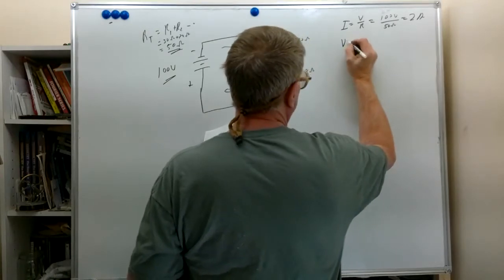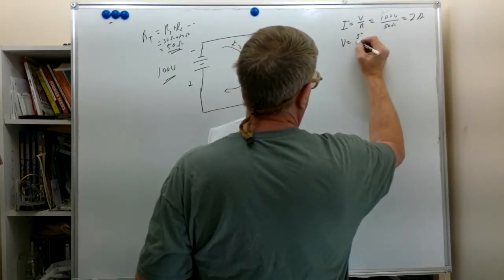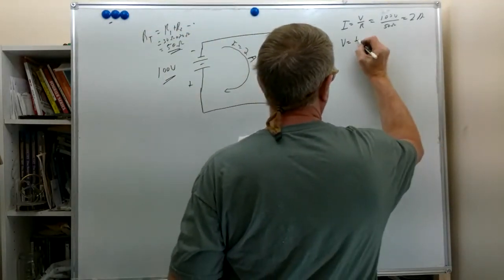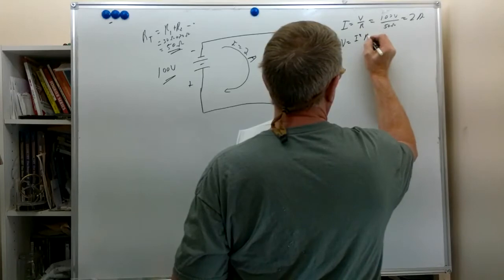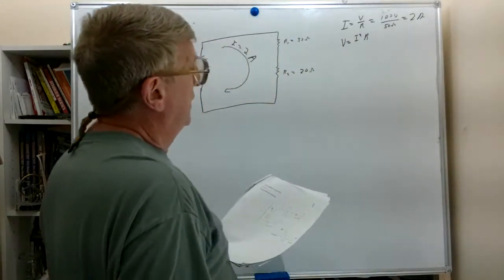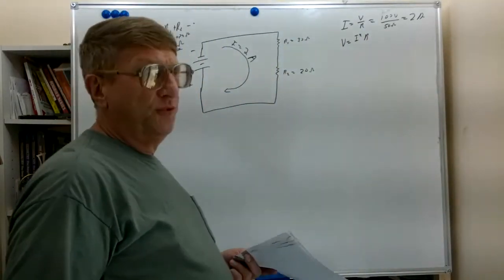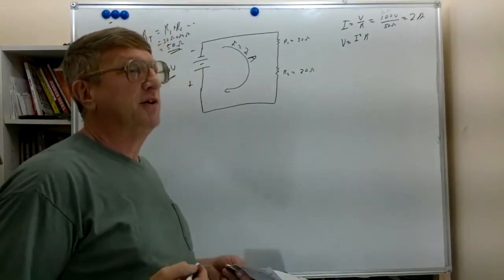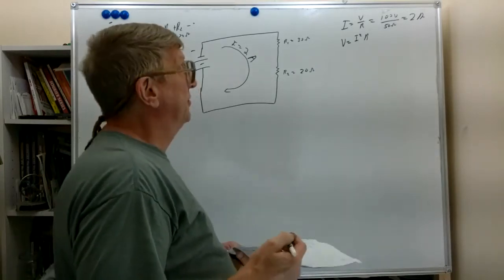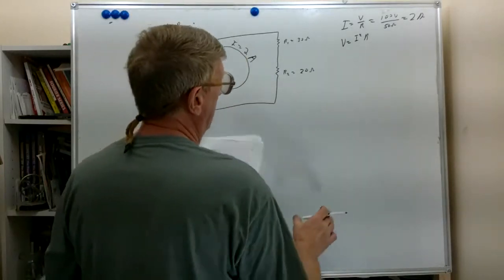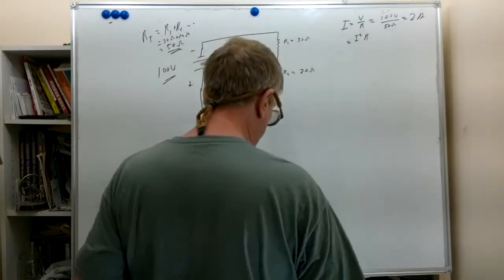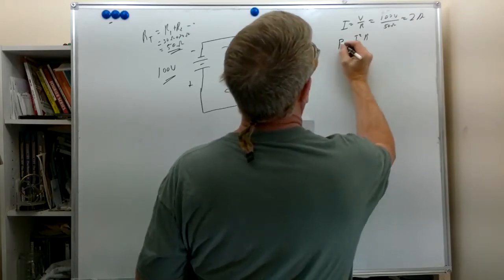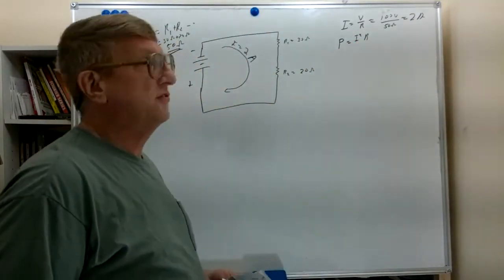Power equals I squared R. You might sometimes hear this referred to as I squared R loss. I want to calculate power. Power equals I squared R. That's where the I squared R loss comes in.